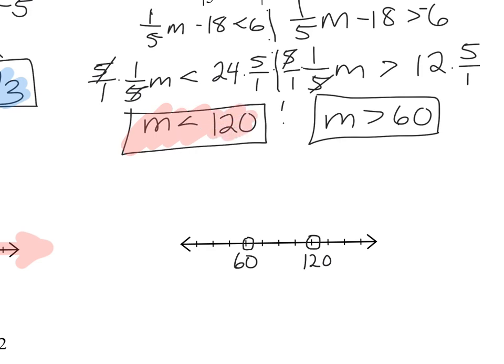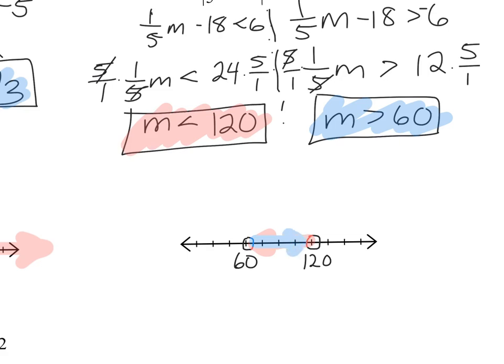So this one right here in red, we are making go to the less than. So we need numbers less than 120. Well, numbers less than 120 are things like 100, 90, 80. They're going in this direction. Now, for m is greater than 60, that's going to be things such as 70, 80, and so it's going in this direction.